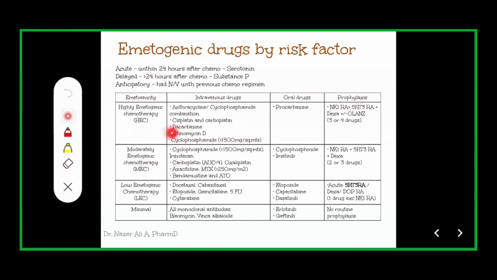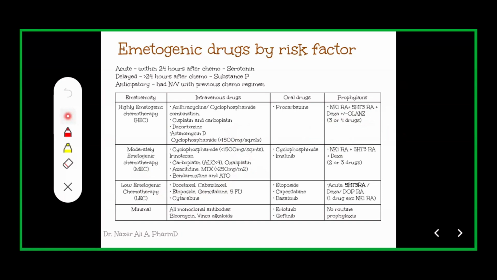For moderately emetogenic chemotherapy, two to three drugs are sufficient. We can give fosaprepitant along with palonosetron and dexamethasone, or we can skip the dexamethasone if the patient has steroid toxicity. We can give simply fosaprepitant and palonosetron. For low emetogenic drugs like docetaxel and etoposide, only one drug is enough, either palonosetron or fosaprepitant.